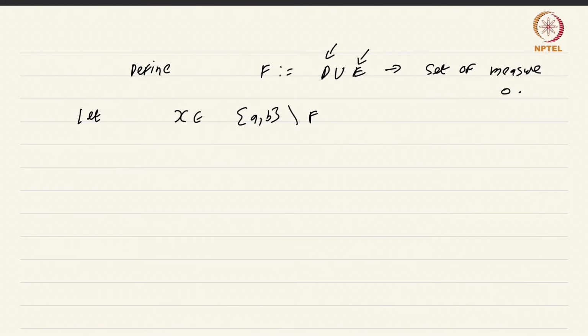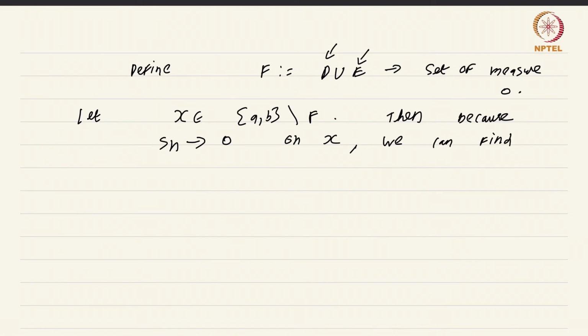Okay. Then, because Sn converges to 0 on X, because we are choosing X outside the bad set, we can find Nx, some natural number, such that Sn(x) is less than epsilon if n is greater than or equal to capital Nx.